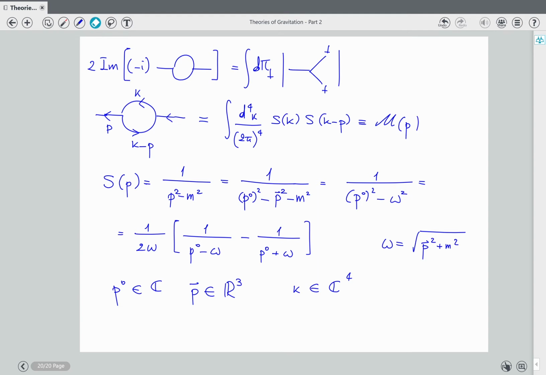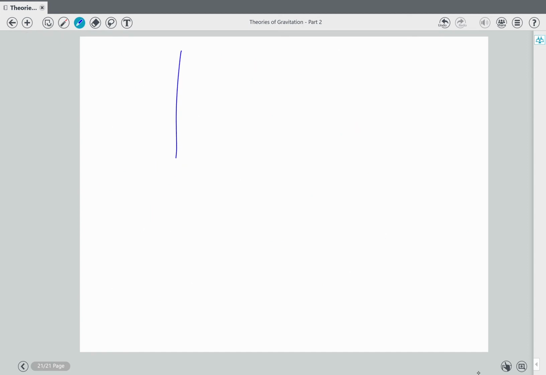Anyway, if you plot the propagator in the complex P0 plane, so let's assume that you have a plane where you have the real part of P0 as x coordinates and the imaginary part of P0.